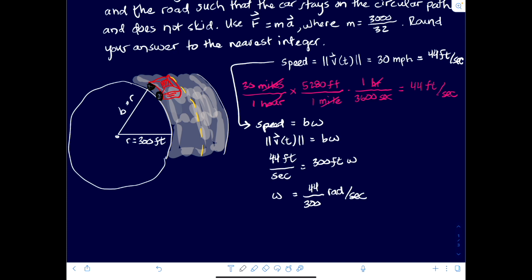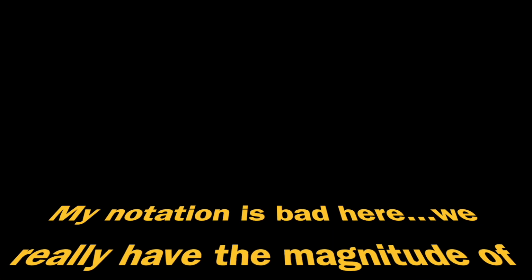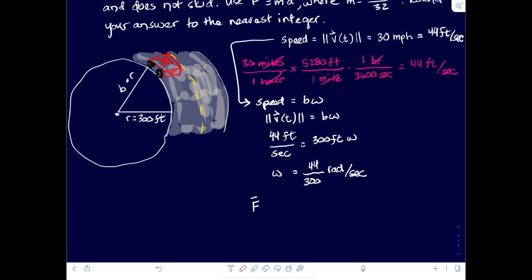So our force is equal to m times the magnitude of our acceleration vector.